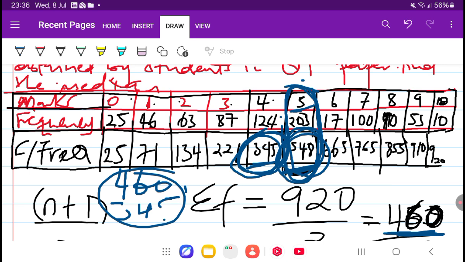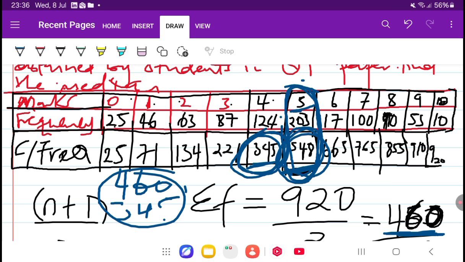One thing that I want us to focus on is the fact that for you to get the median, as long as there are frequencies, you have to get a cumulative frequency distribution table. You draw a cumulative frequency distribution. That is very important.